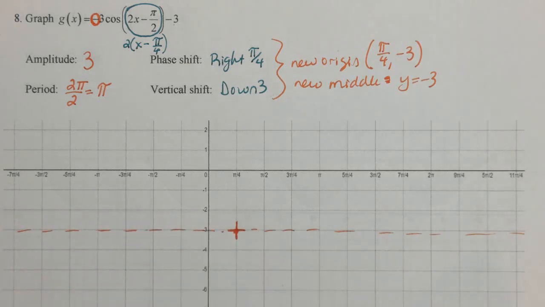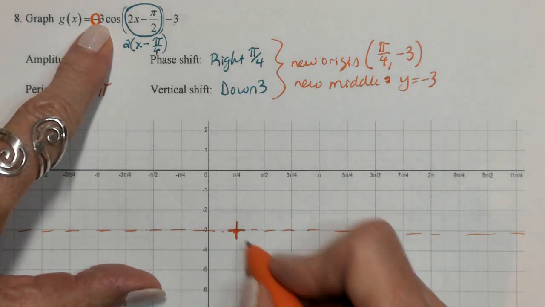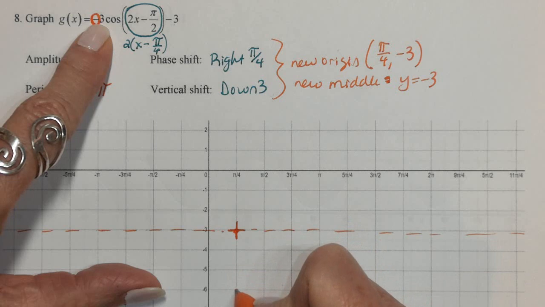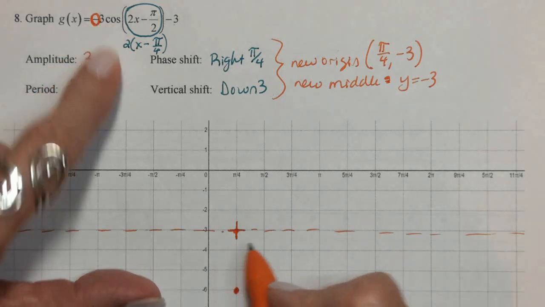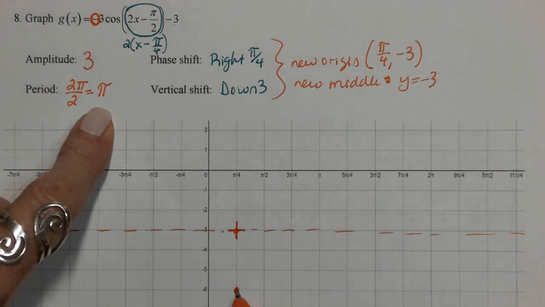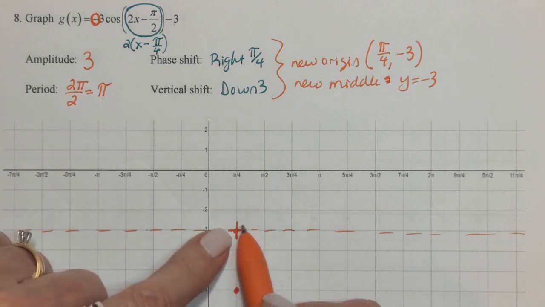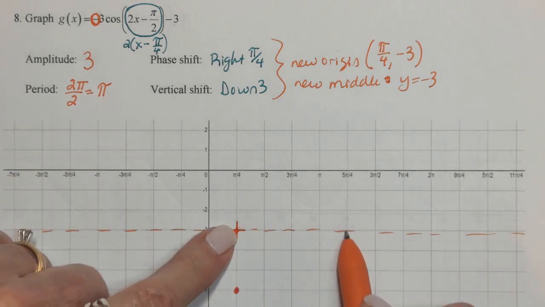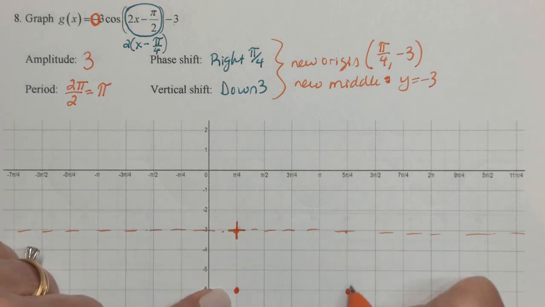Okay, -3 for cosine. -3 for cosine means I'm starting down 3 from my origin. Okay. After my period, I'm back to -3. So after pi units, I'd be at 5 pi over 4. I'm back to -3.